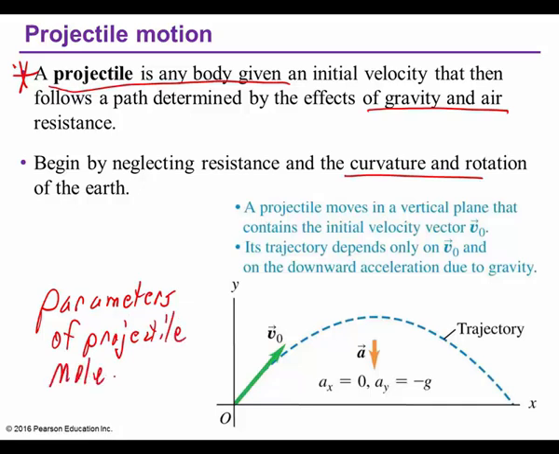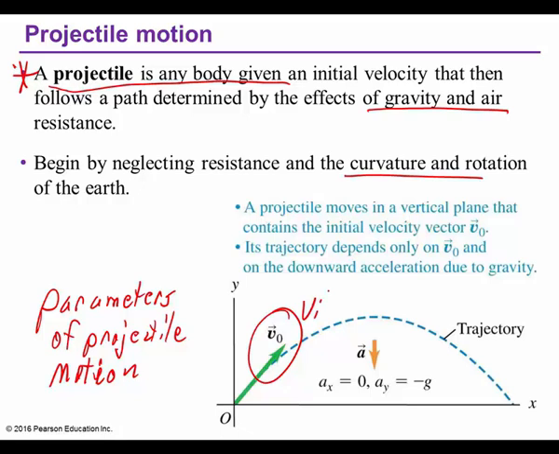Good Lord, it's Monday. And what is that? Well, there's always going to be an initial velocity. Now notice it does not have x and y attached to that. It's just Vi, period.